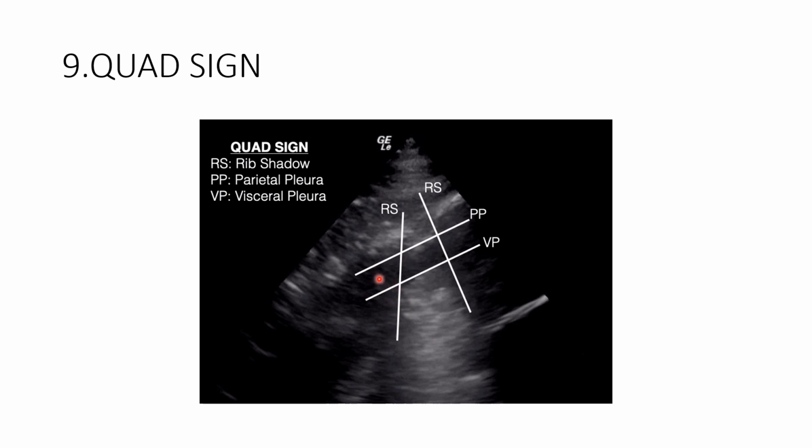That's 2 lines, the lines of the 2 ribs, and in between the 2 ribs, these are the lines: the upper line, which is the pleural line, and below it the visceral line or the lung line. So in between these 4 lines, we can see an anechoic pocket of fluid, which is known as the quad sign, seen in pleural effusion.